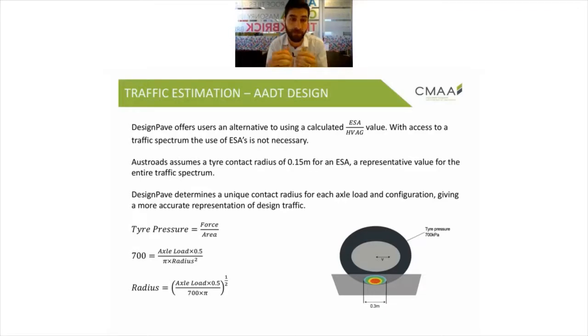So if we're designing a pavement using an AADT method, whereas for the ESA value it's doing 2, a pre and post, for an AADT traffic spectrum, it's doing 340 simultaneous damage factor calculations and optimizing the base thickness accordingly. And that's sort of what we're showing here.